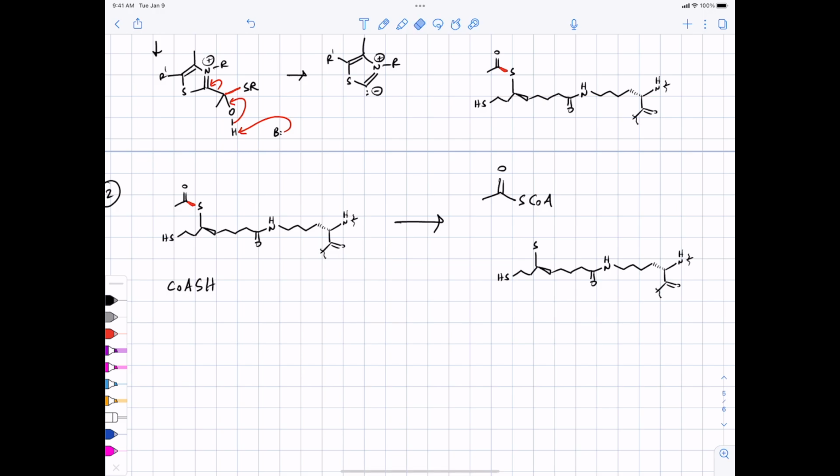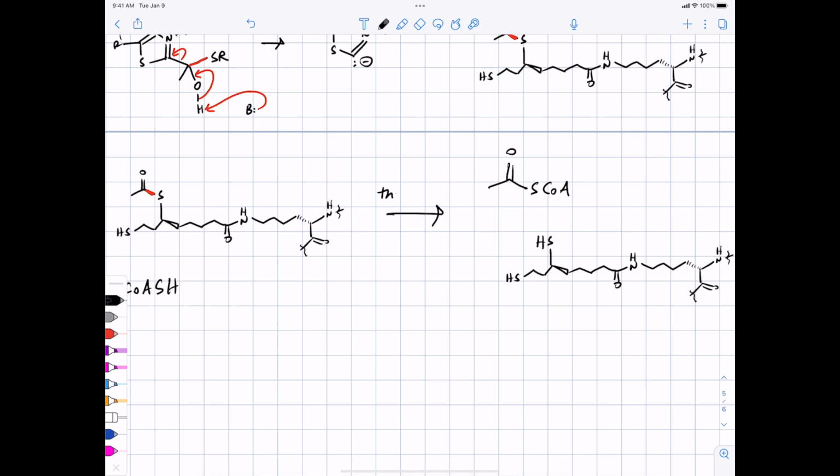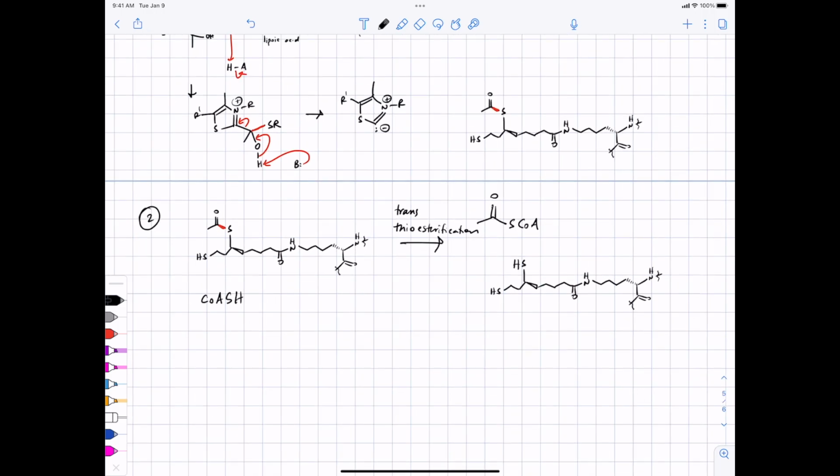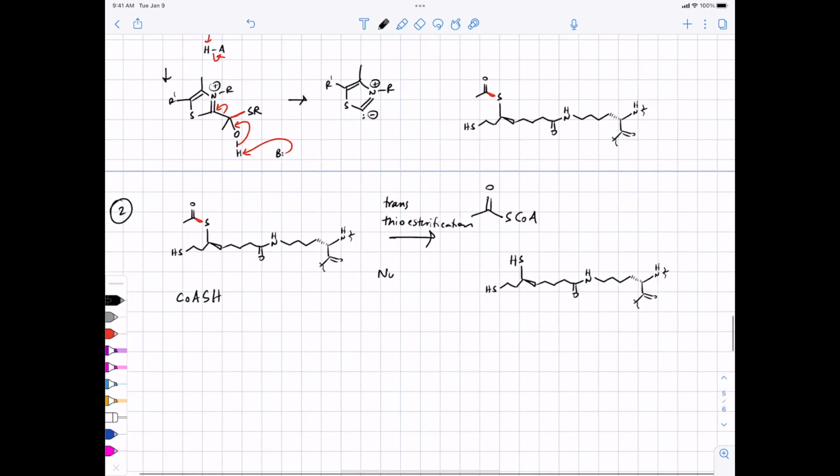I won't draw that mechanism, but that's basically nucleophilic acyl substitution. Trans-thioesterification. Nucleophilic acyl substitution.